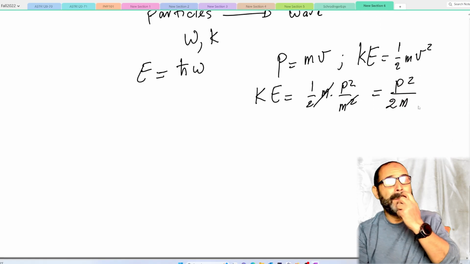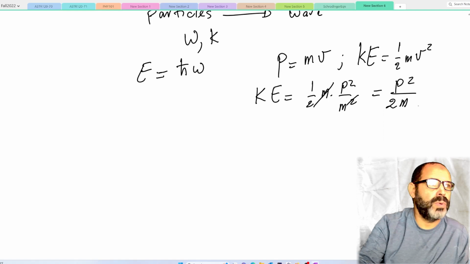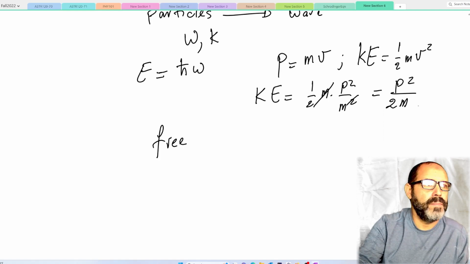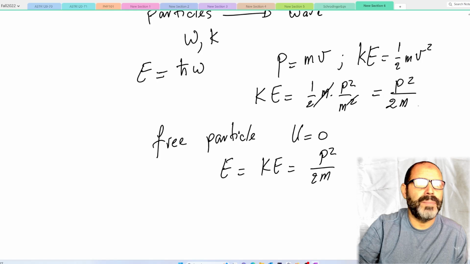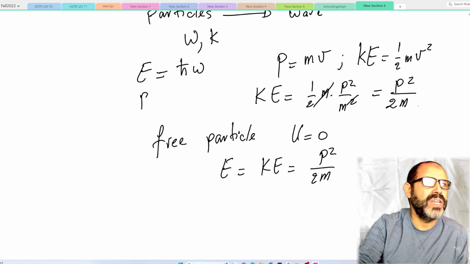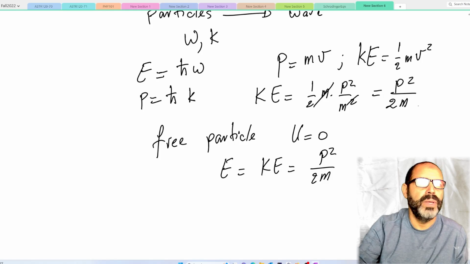Now we're going to discuss from this point on a free particle, meaning u is equal to 0. There is no potential. The particle is free, it's in space, so its entire energy is just that of the kinetic energy. Therefore it's equal to p squared over 2m. Remember, if it were to be a wave, its momentum also must be equal to h bar k, because it has a wave number.